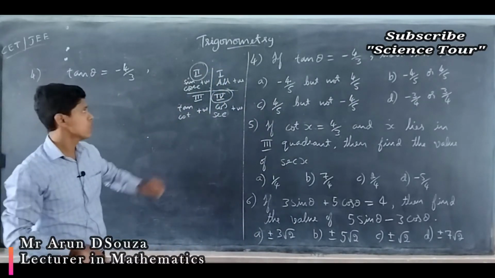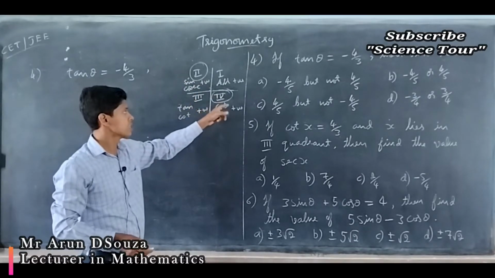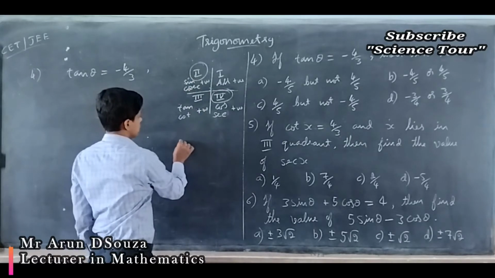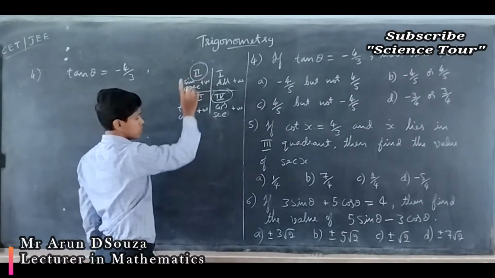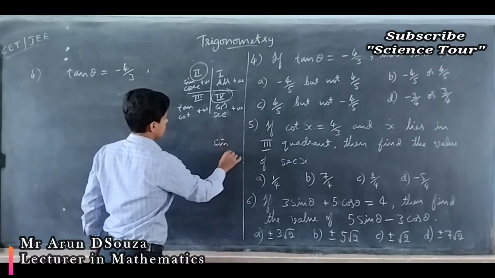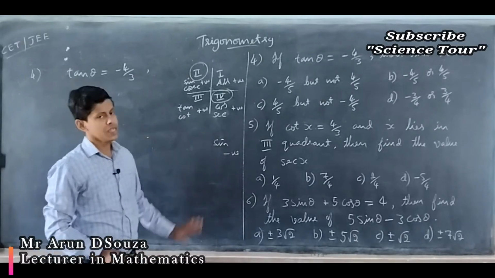In the second quadrant sine is positive. In the fourth quadrant sine is negative. Therefore one value will be positive, the other will be negative.